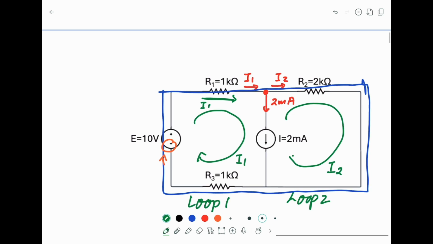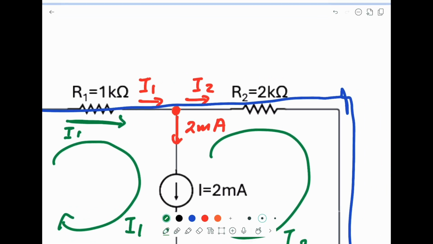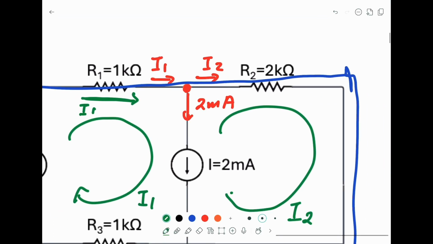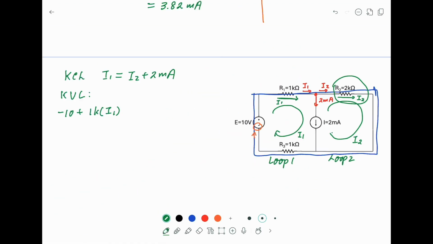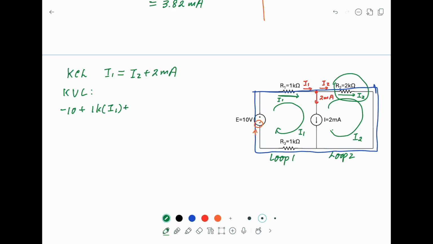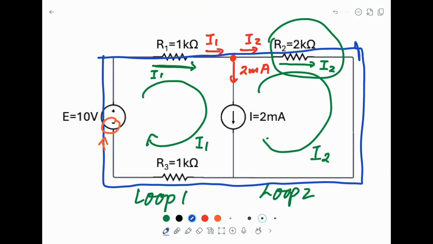Now we are not going down to the current source because we don't know the voltage, so we move on to R2. For R2, I2 passes through R2, so the voltage here is equal to 2K ohm times I2, so this will be plus 2K I2. Next, we follow this path.